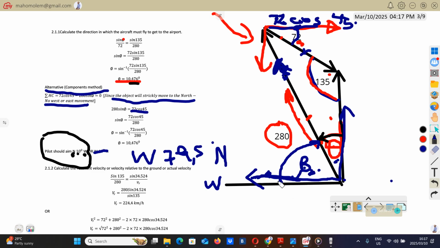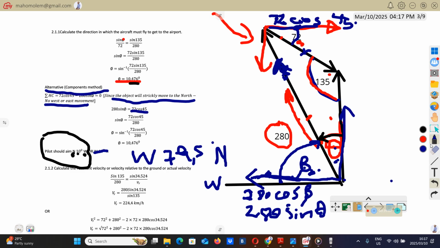If you use the angle beta, this component will be 280 cos beta. Or if you use theta, then it's 280 sine theta.